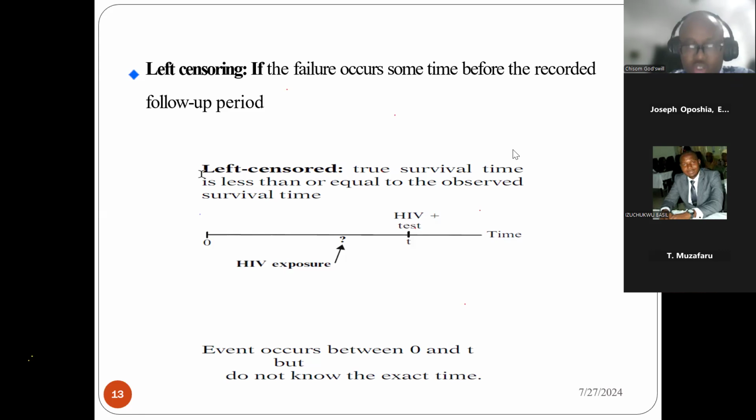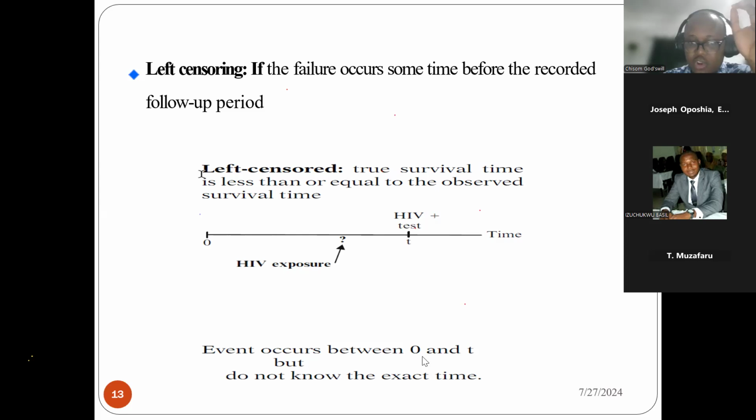All right. So I was talking about censoring to the left. Now, this is the start. This is your time period. HIV test. Before they even took the test and you started following them up, they have already lost that. I don't know the kind of scenario where this can happen, but it's a possibility.